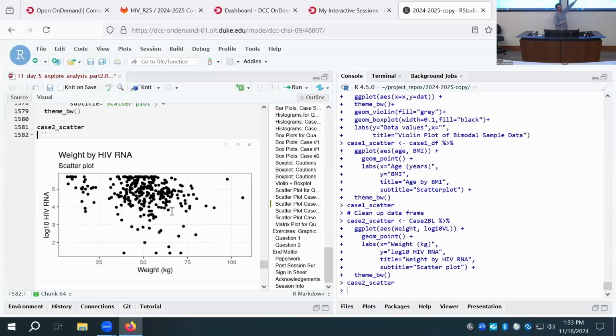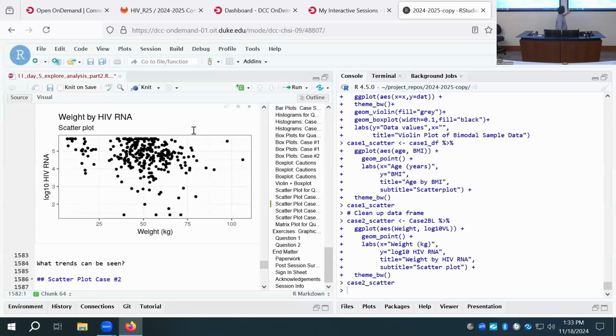That must be a part of the assay, where it can't give you a value above a certain threshold. But again, it doesn't really look like there are any patterns. Maybe a little bit of larger weight, lower log 10 viral load, but I wouldn't want to write a paper on that.